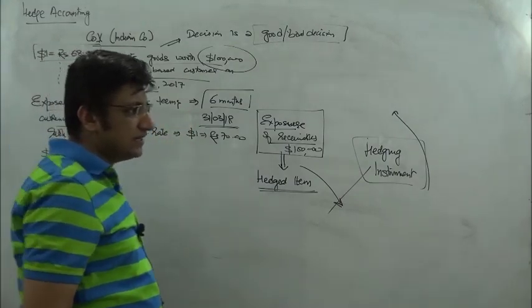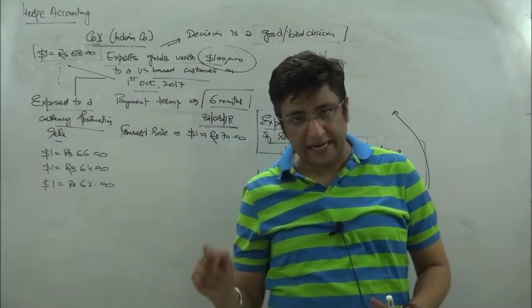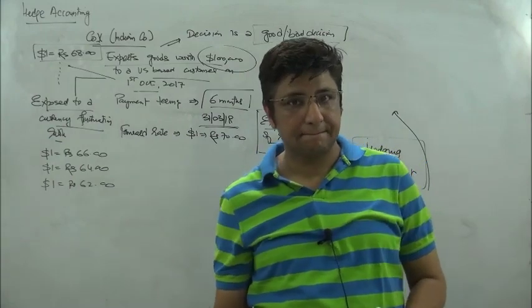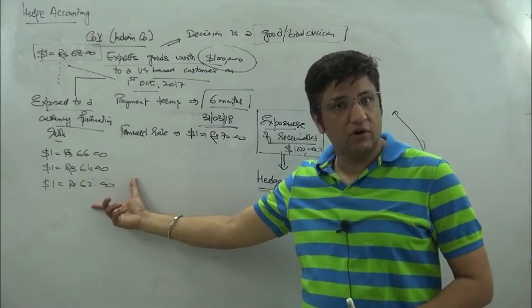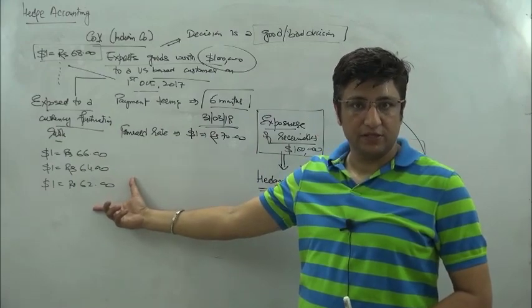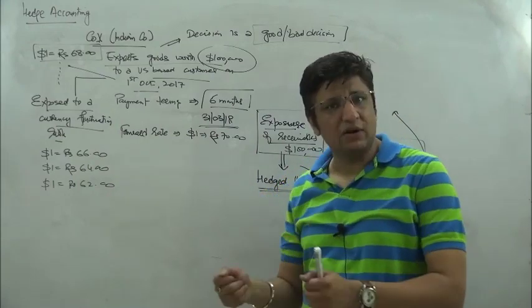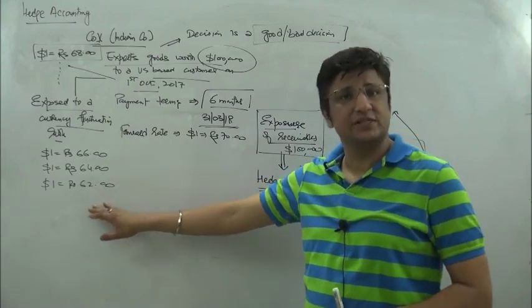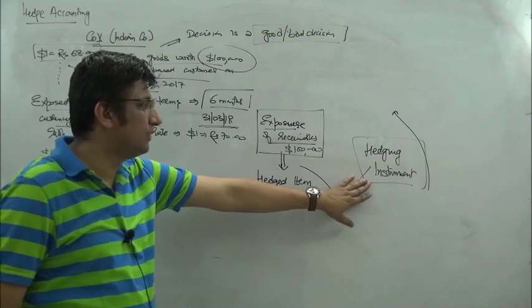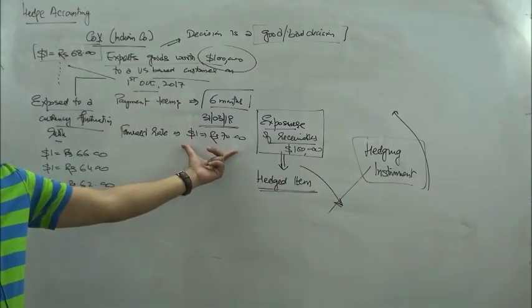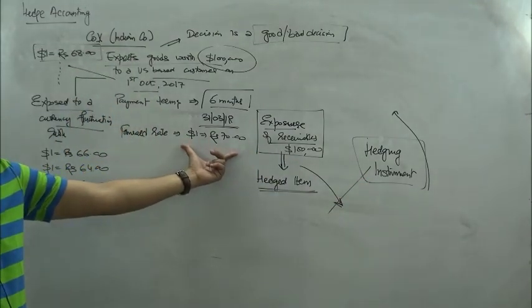What we are trying to say is, had I not protected my receivables, the value of the receivables would have gone to 62. Even with hedge accounting, the value of receivables is still 62. But thanks to the hedging instrument, I will certainly realize 70 on that date.